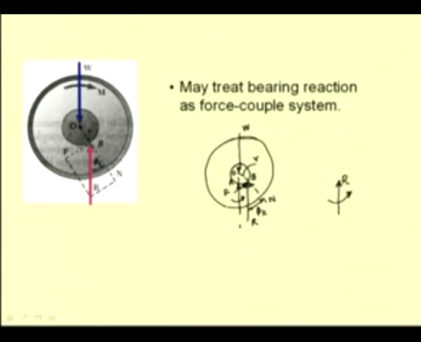This is the force R acting at A and a moment M which is equal to R r sine phi k, which we just found. It is approximately equal to R times r mu k. So, we can treat this reaction R at B as a reaction R at A and a moment.